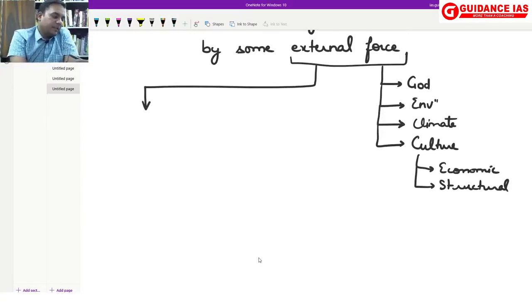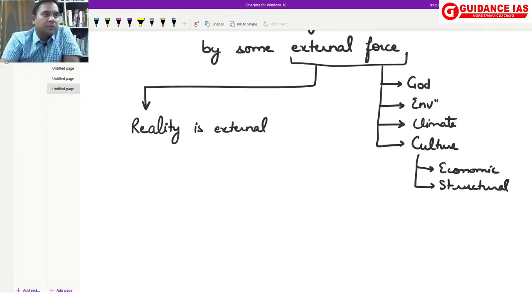Can we reach a conclusion that reality is external? Yes or no? Here reality is becoming external because there is no internal. We don't have our own mind, there is no such filter, etc. Even if someone is forcing, even if God is forcing, we don't have our mind and we are doing it.